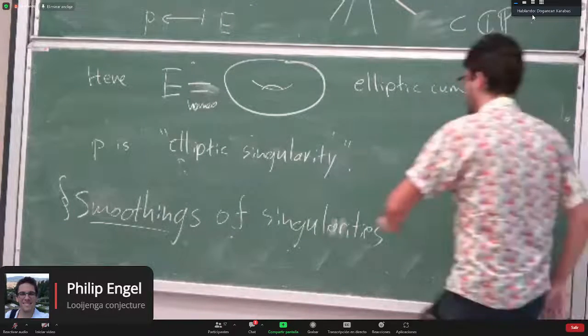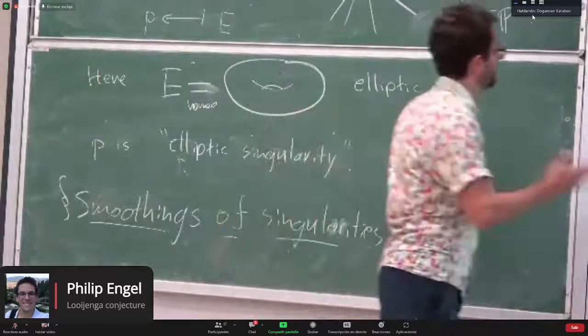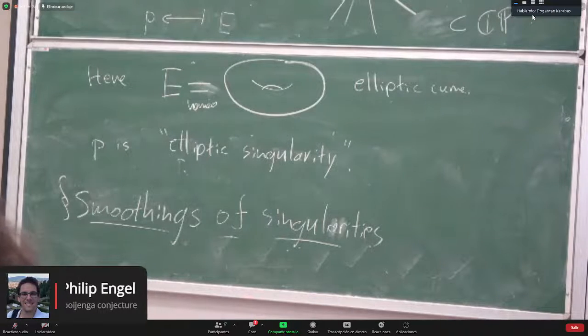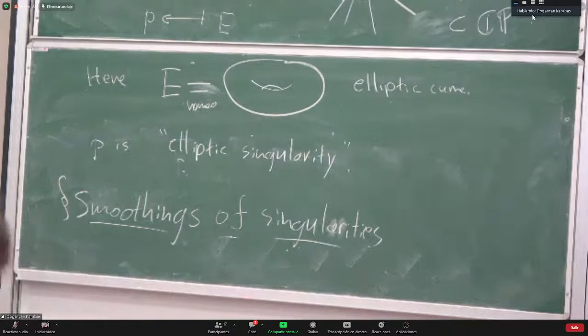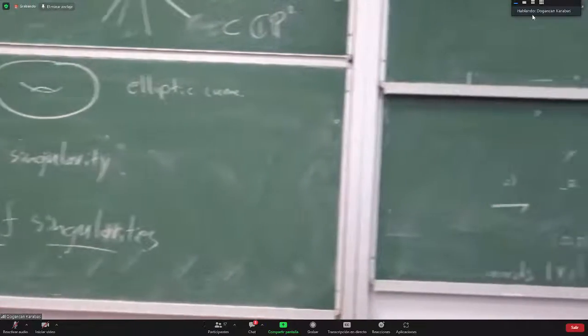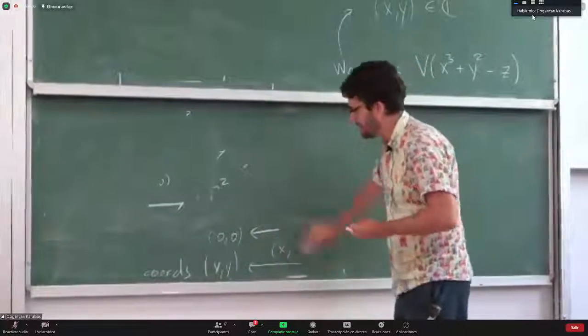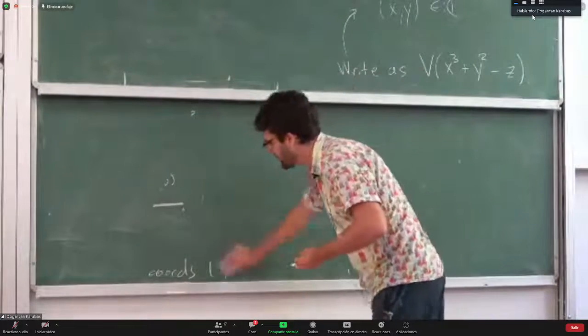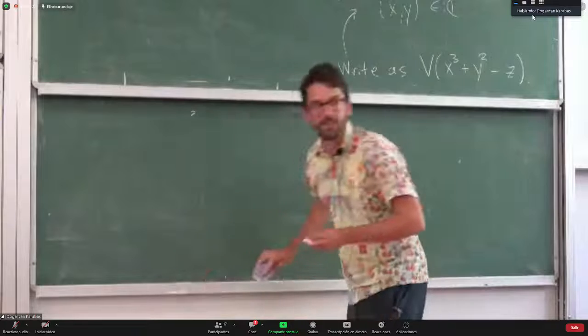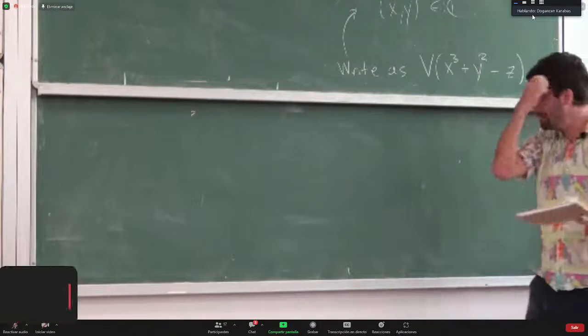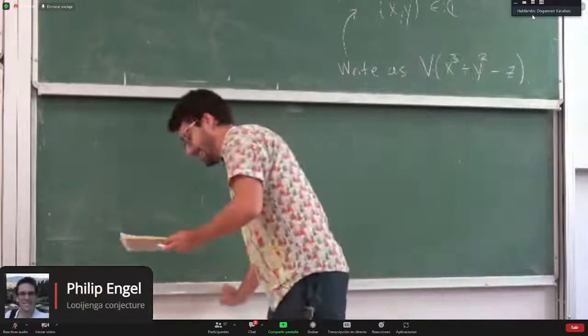Okay, so we've discussed resolution of singularities. Let's discuss smoothing of singularities. After this discussion, you're going to think that every singularity is smoothable, but it's not true, just because in the examples that you can easily write down, it's sort of clear that it is.